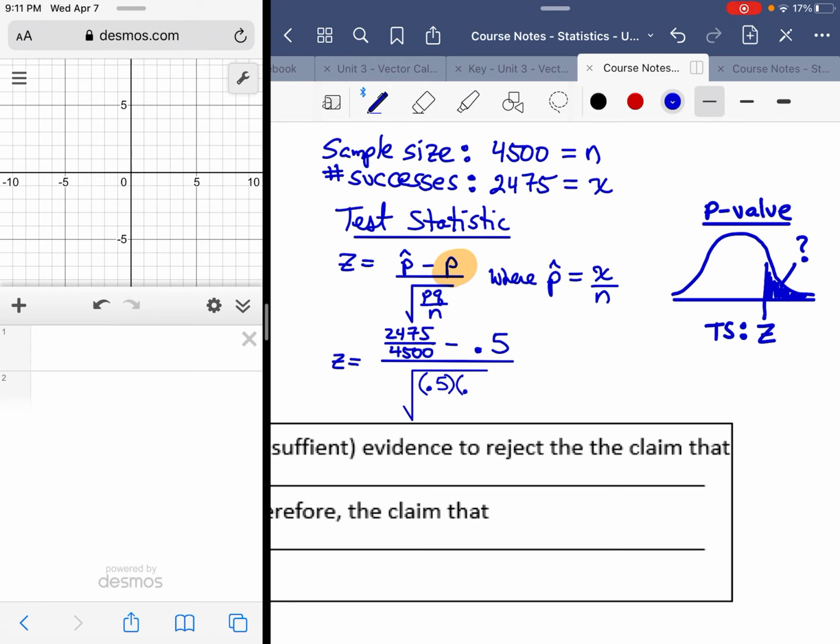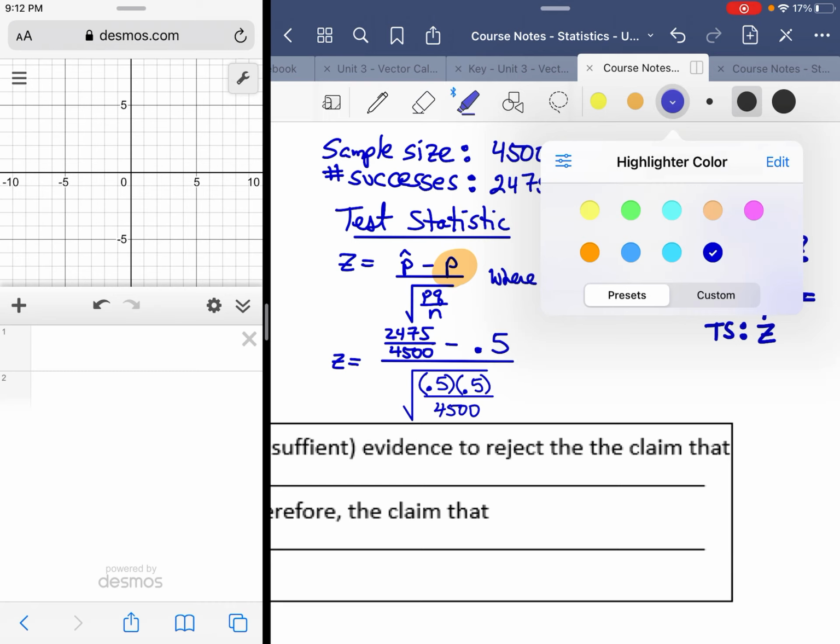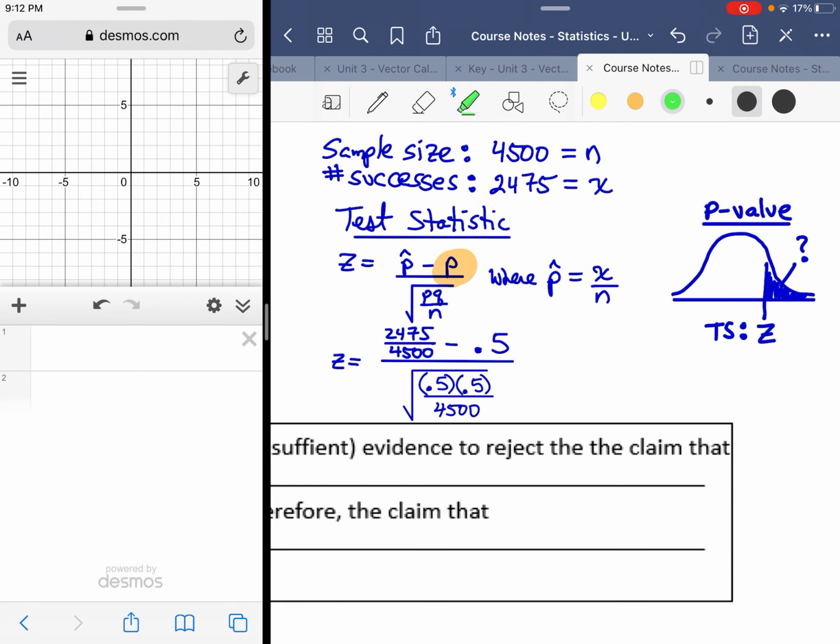Q is 1 minus P, so it's also 1/2 or 0.5, over the N value, which is 4,500. You might want to make a note that Q is the same as 1 minus P.